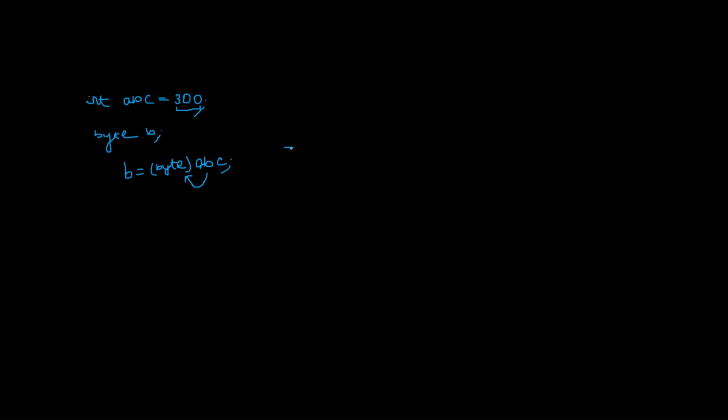But the Java compiler sees that there is an overflow that is going to take place because byte has a range of minus 128 to 127. And when the Java compiler sees that ABC is storing 300, which is far beyond the range of the byte data type, it stores the value of 300 modulo 256.